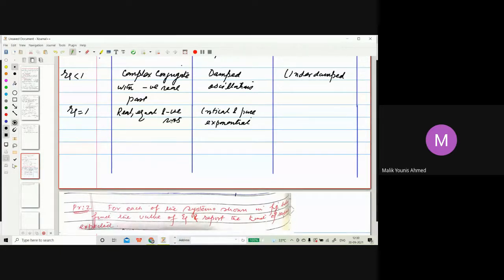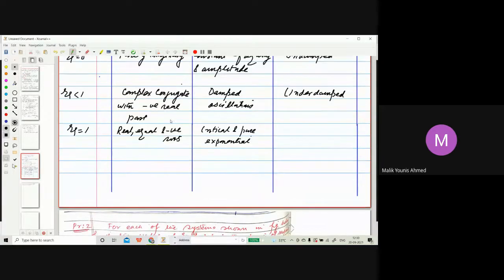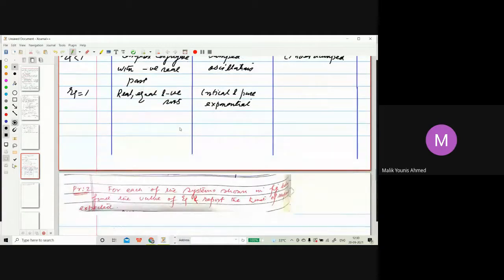Real part is negative. There is no imaginary part at all. So what should be the type of the response? That will be purely exponential. So there will be only exponential decay. There will be no frequency of oscillation because we don't have an imaginary part. So that is critically damped. There's only damping, no frequency of oscillations.